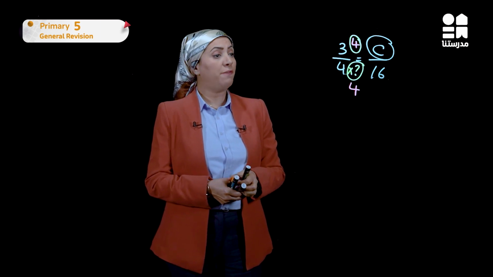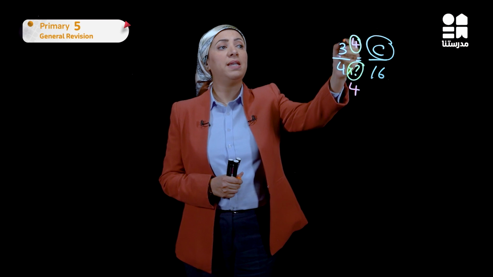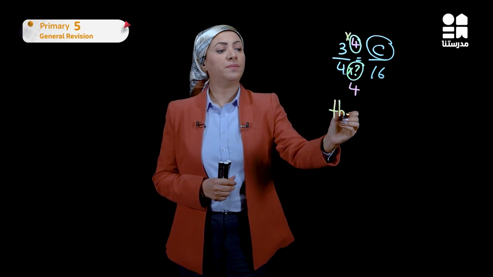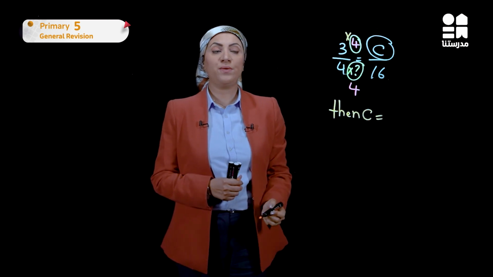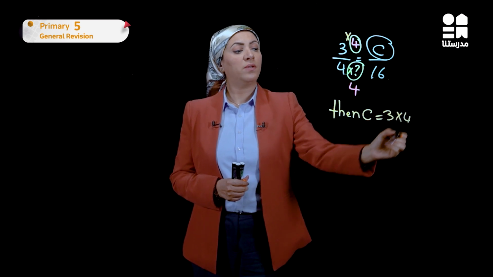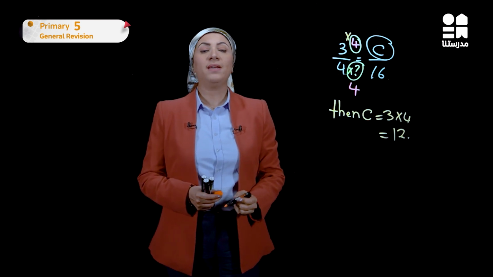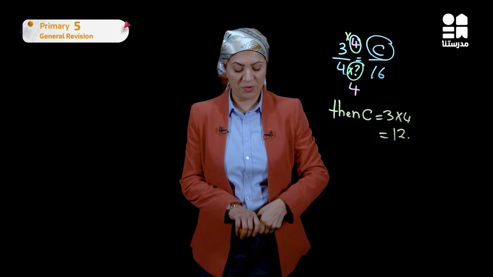Then, if 4 times 4 is 16, then 3 times 4 is equal to C. Then, C is equal to 3 times 4, which is equal to 12. Okay? That's it for this question. Let's go back and finish our revision.